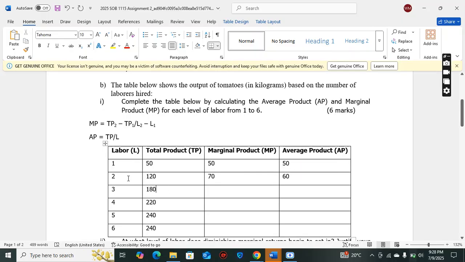We go to the third part. From 2 workers, we hire now the third worker. Total product has grown from 120 to 180. So the marginal product, 180 minus 120, 60.